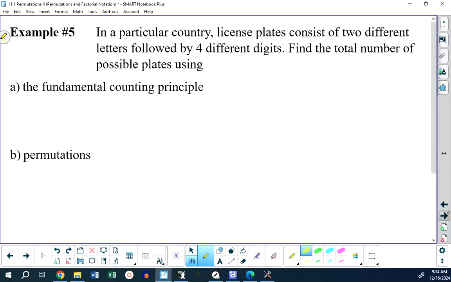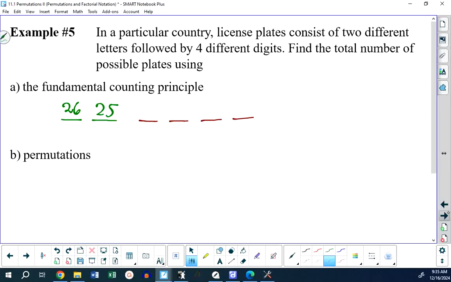All right. One last question. This is the final example, correct? Okay. So in a particular country, license plates consist of 2 letters followed by 4 different digits. Find the total number of possible plates using the fundamental counting principle and permutations. And by the way, the letters have to be different. So fundamental counting principle, letters, numbers. I hope these first 2 entries don't blow your mind. 2 different letters.